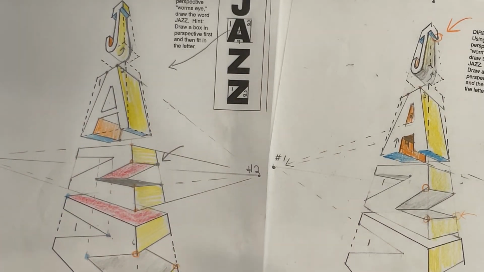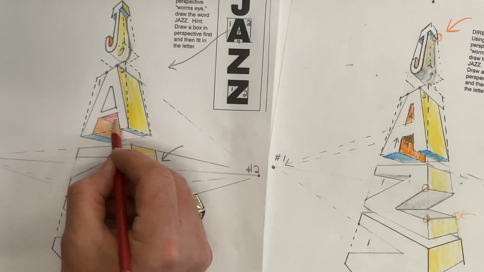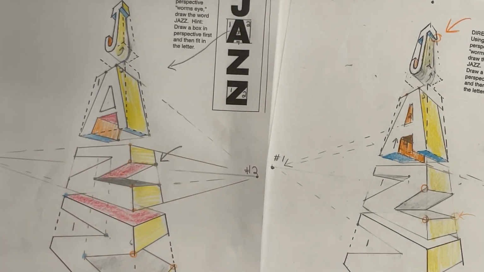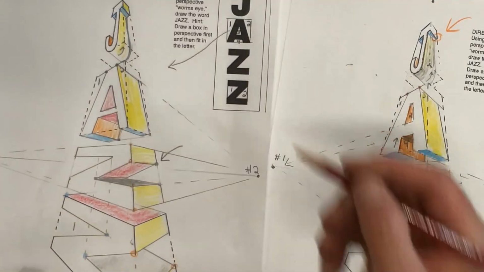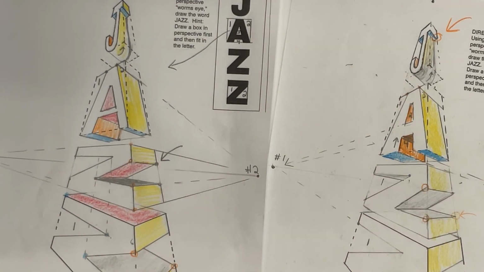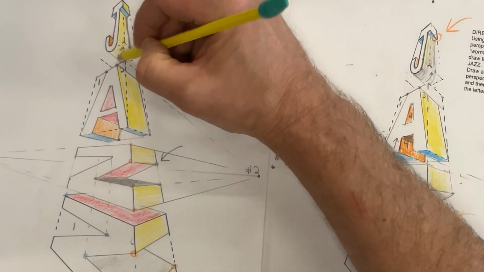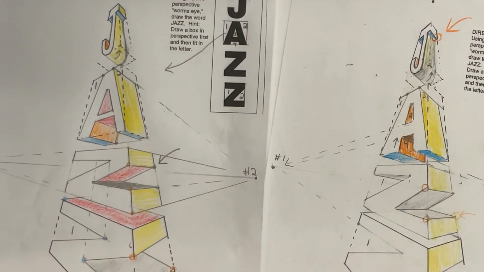The other part I could do red maybe, so it stands out. Okay, and we have our 3D letters. It says Jazz right there. Okay, just follow the rules of perspective and you will be fine.